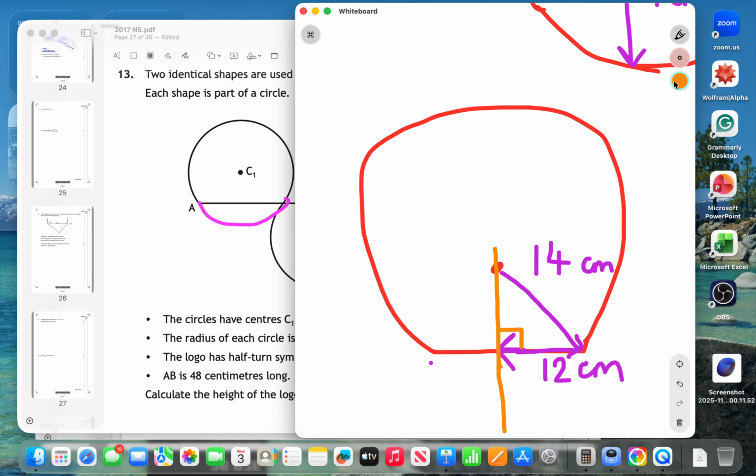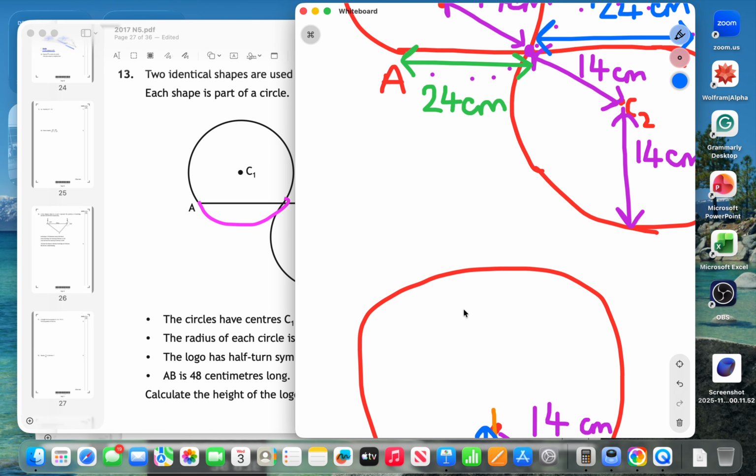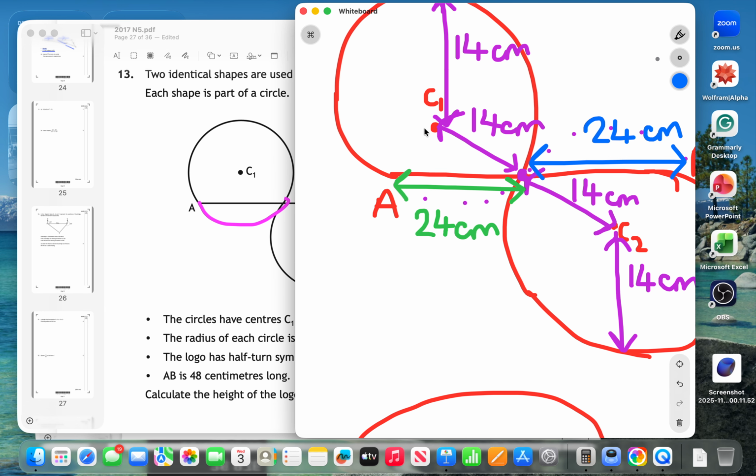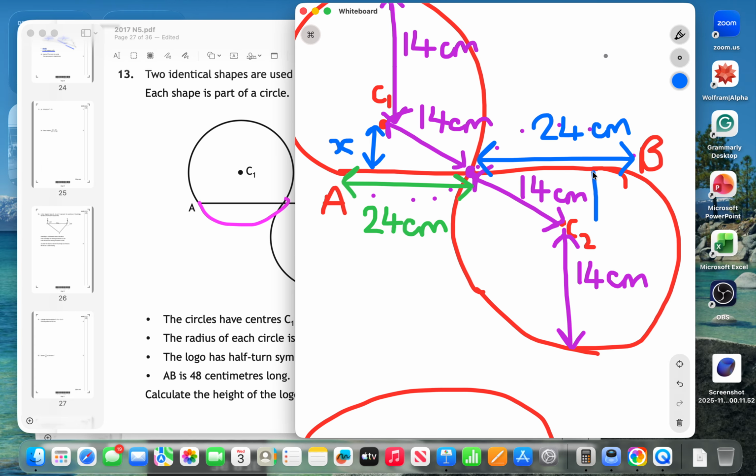And we're going to call this blue distance x. If you have a look here, then this is x, but this is the same because of the half-turn symmetry.